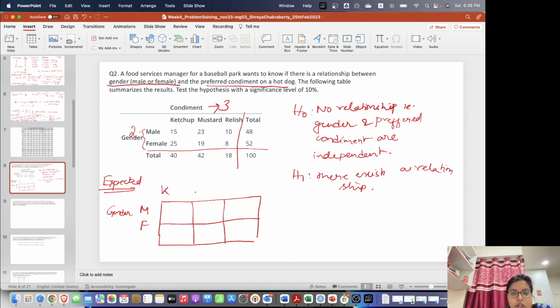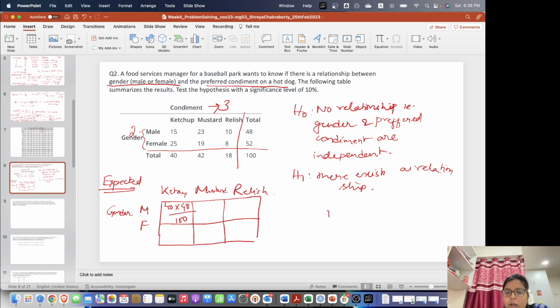So this is ketchup, this is mustard, this is relish. Okay. So the expected number for this cell would be 40 into 48 divided by 100.